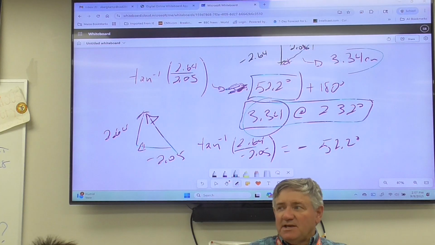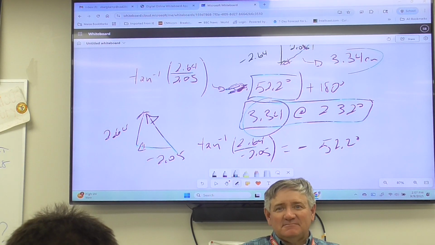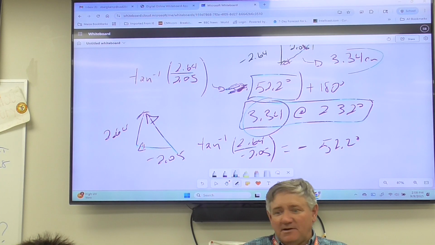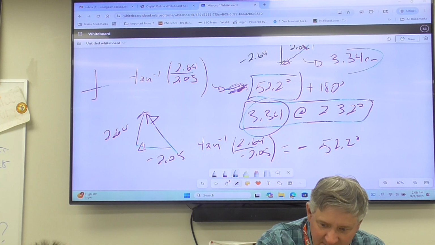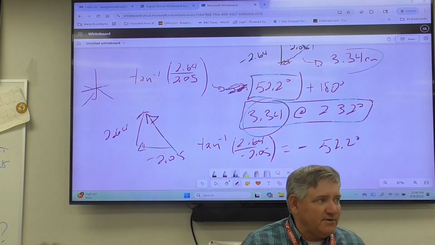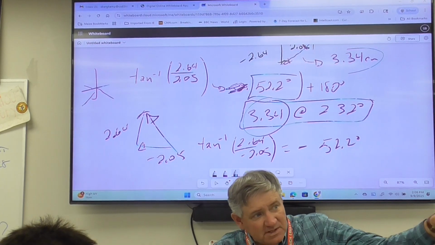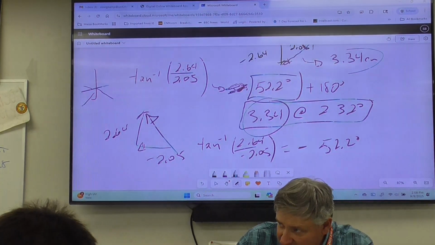Because if you tell me negative 52.2 degrees, I don't know where that is. I don't know if it's down here, I don't know if it's here. I don't know where negative 52.2 degrees is. This is why you always go off of that positive x-axis.